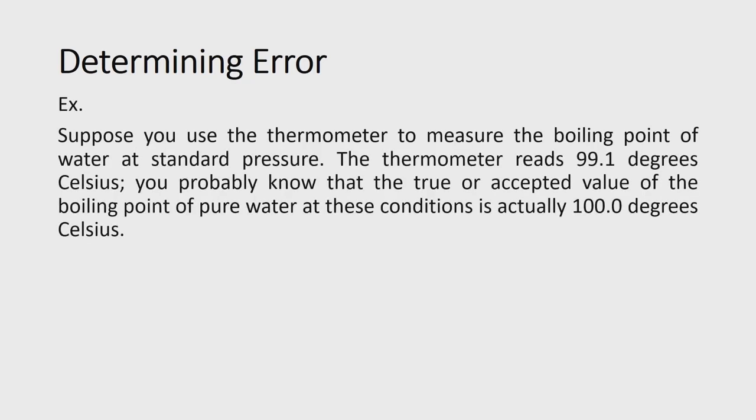We also have a way of determining error. For example, suppose that we have a thermometer and we measure the boiling point of water at standard pressure, and the thermometer reads a value of 99.1 degrees Celsius, and basically we know that the actual boiling point of water is 100.0 degrees Celsius.